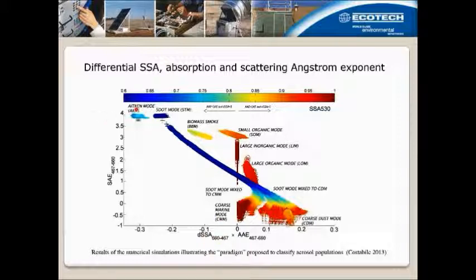Then they are basically able to make a better discrimination of different particle modes. This shows a model calculation for different modes where you can distinguish, and that can even be a future application of nephelometers, because you can distinguish different particle groups.